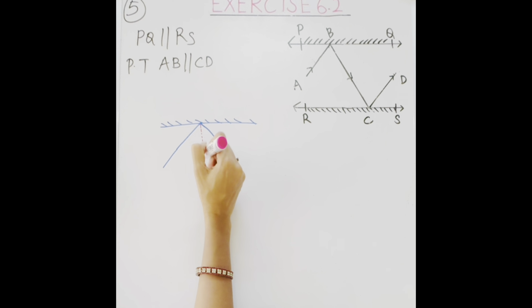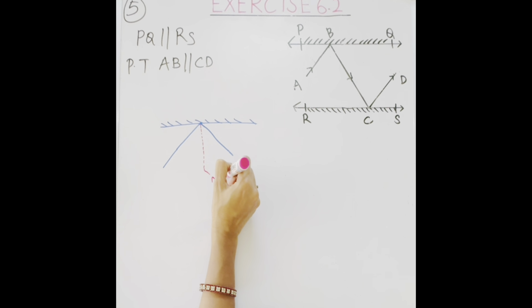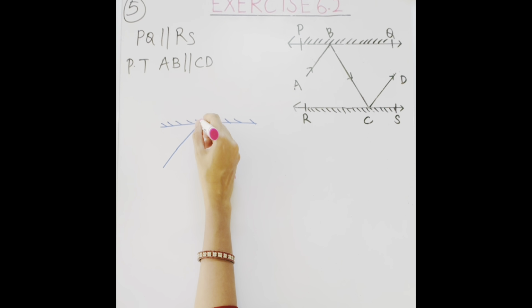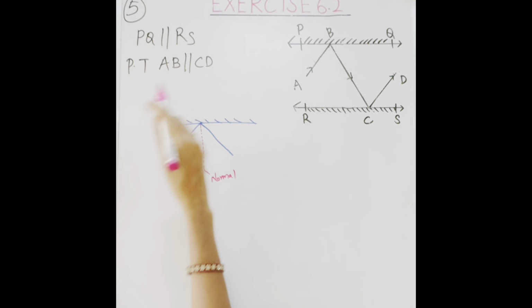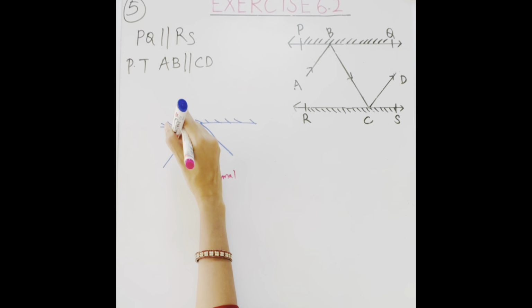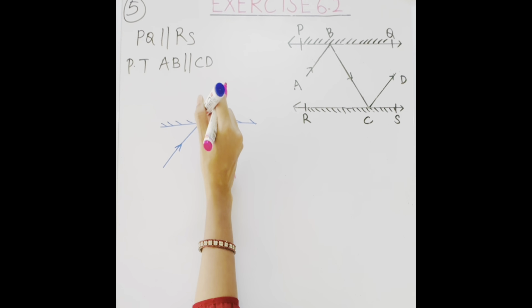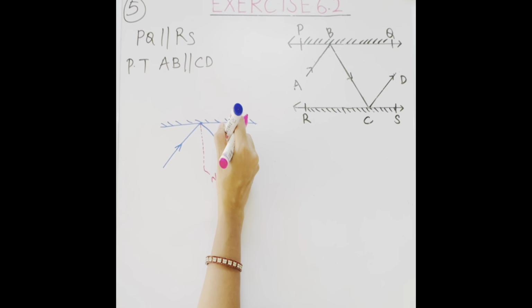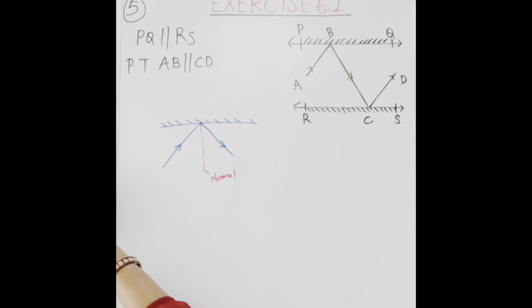So this is a normal. What is a normal? Normal is a line perpendicular to the surface at the point of incidence. So if you have a ray of light striking the surface and then it is reflected, we have two angles which are formed.